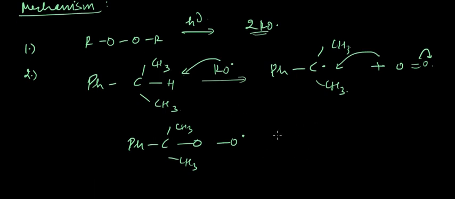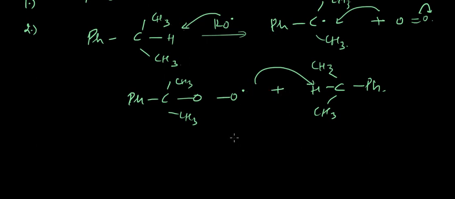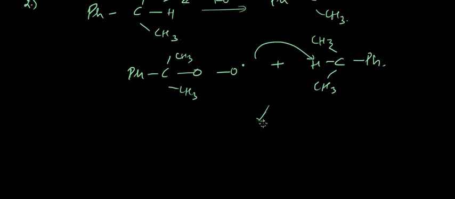Okay, again this O dot will attack another cumene compound, attacking this H dot, and it will have an OH here. So we'll have something like OH, and again this will be converted into a cumene free radical.